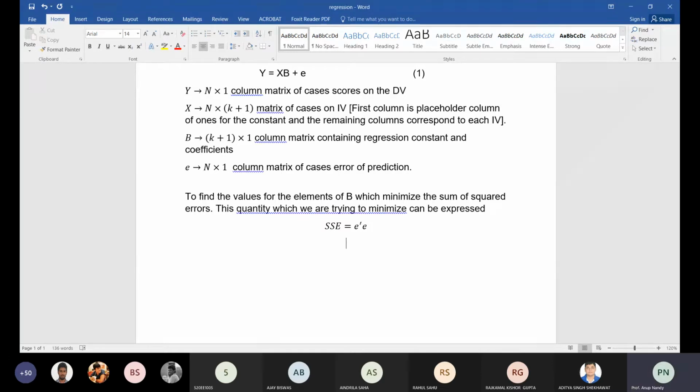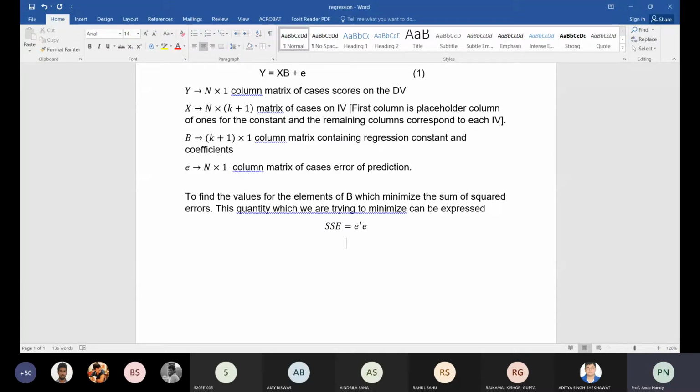So now next thing that we'll see, if you work out this matrix operation, you will end up with a result, and the result is a scalar value, because E is n cross 1, so E transpose is 1 cross n multiplied by n cross 1. Then you have a 1 cross 1 matrix, which is a scalar. Are you understanding?